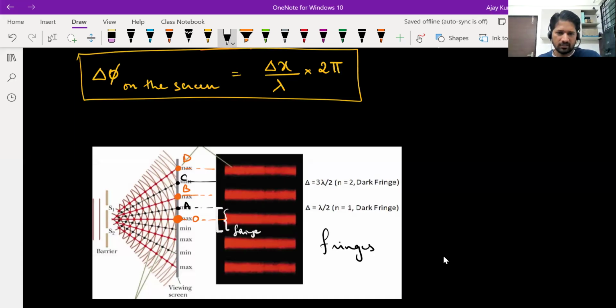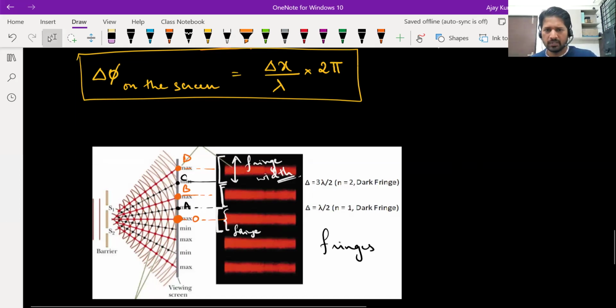Or that band is called a fringe. This is another fringe. Minimum to minimum. Again, this is another fringe. So you'll have many fringes like this. So you should be able to tell what is the fringe width.